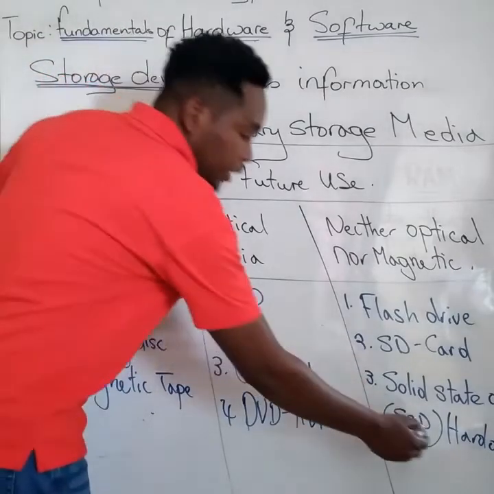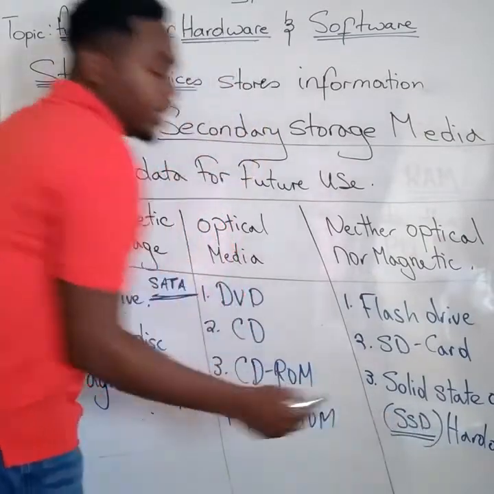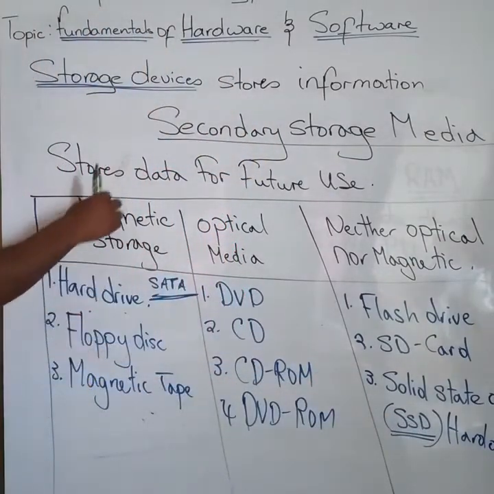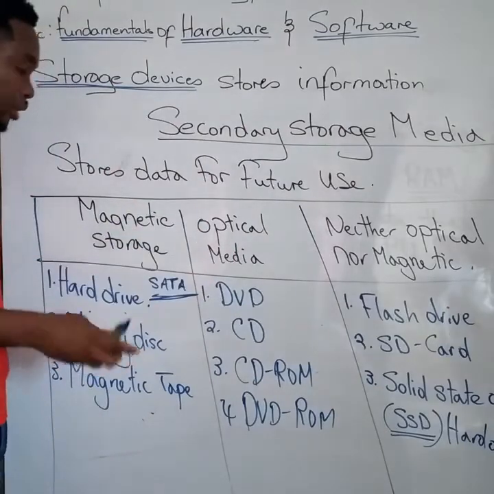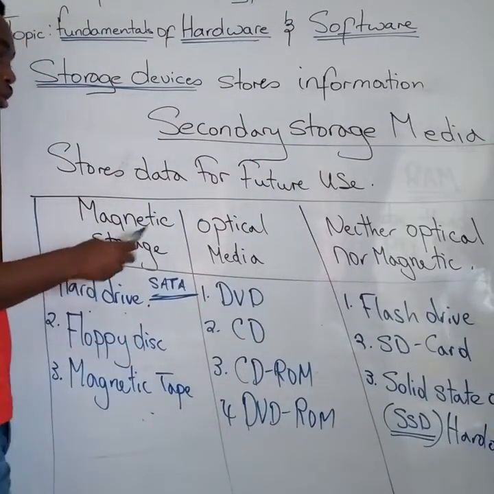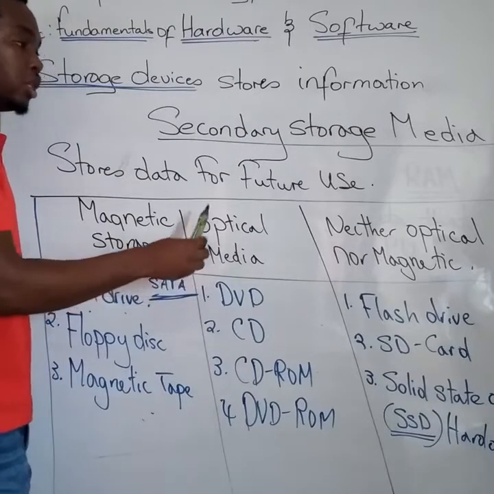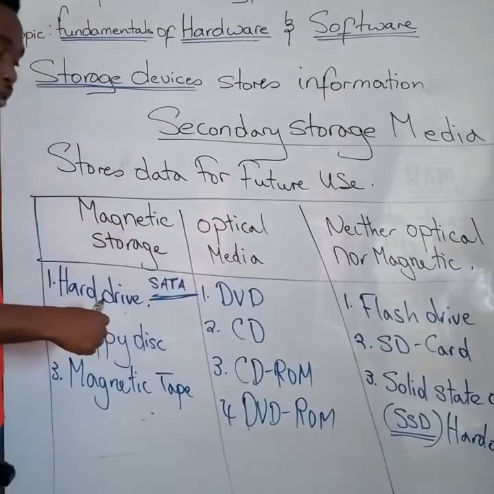So the new type is better when you are looking at your SSD drive. So we have secondary storage media in these three categories: magnetic storage, optical storage, neither of these.